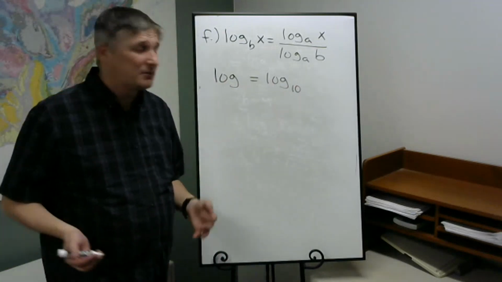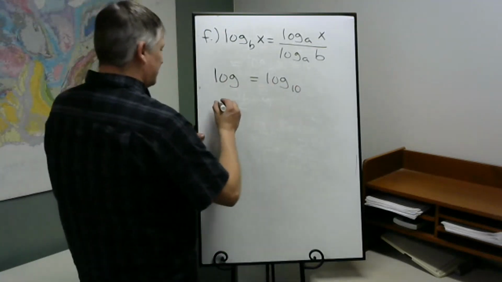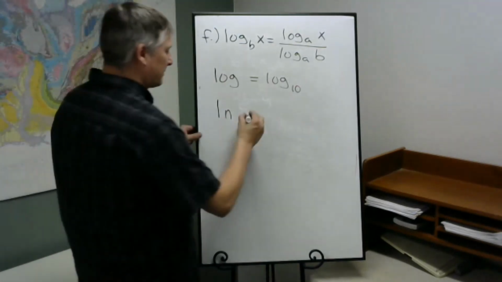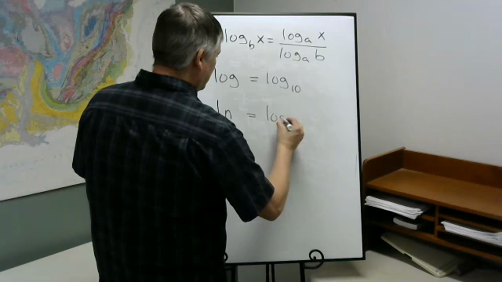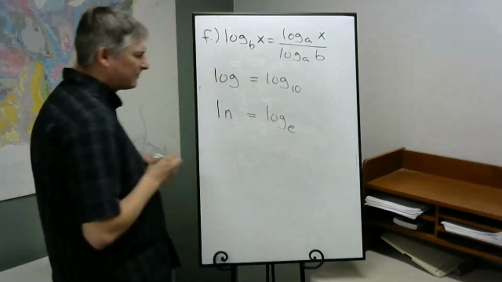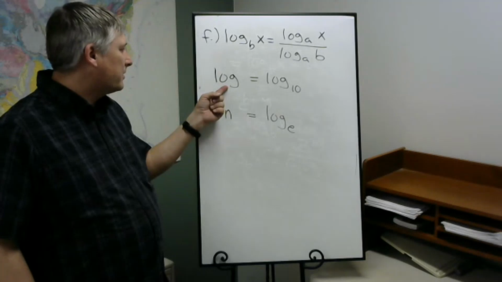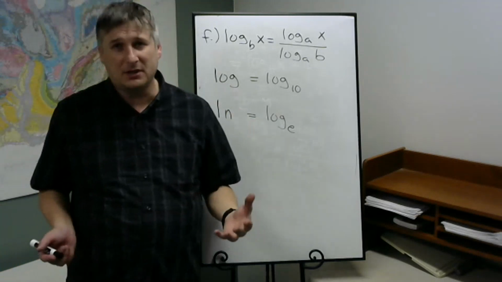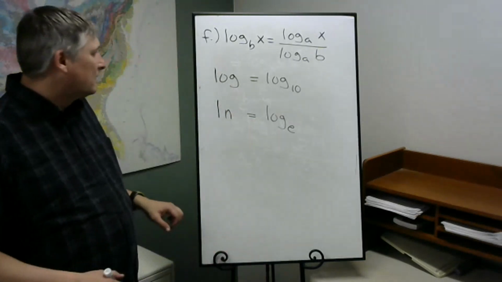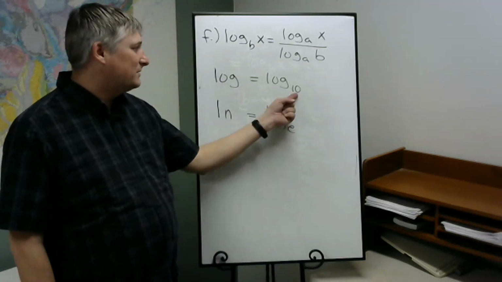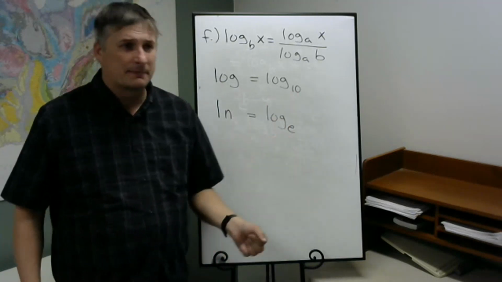Now this isn't always the case. The other one is the LN, or this is called the natural logarithm. And this is log base E. Now sometimes in some computer programs, plain log will also mean log base E. So that's just something to keep in mind. The point is this. On your calculator, you can only calculate base 10 logs and base E logs.